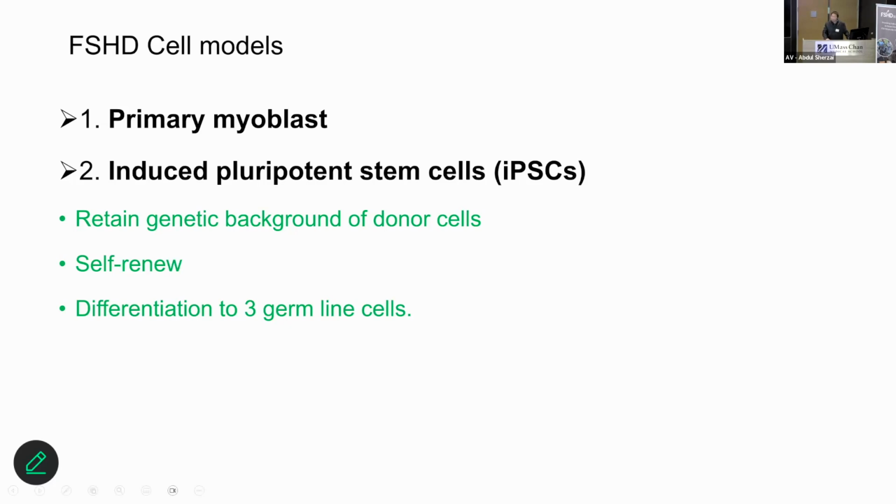So from that point, we made iPS cells from patient fibroblasts or myoblasts. The iPS cells maintain the genetic and epigenetic background of donor cells, can self-renew in a dish, and can differentiate into three germ layer cells, including muscle cells.